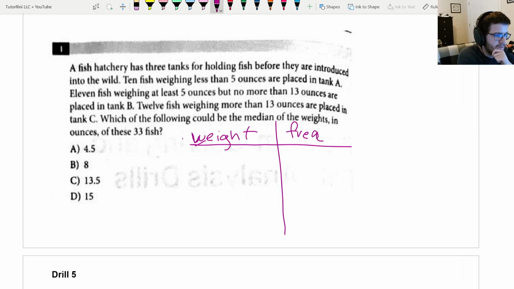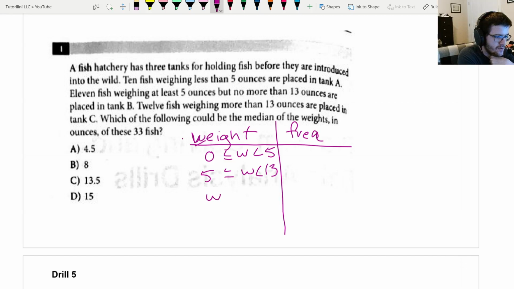So less than 5 ounces, that's 0 less than or equal to W less than 5. And then weighing at least 5 ounces, so 5 less than or equal to W less than 13. And it might be easier to just make a histogram, kind of like that one we did before. And weighing more than 13 ounces.